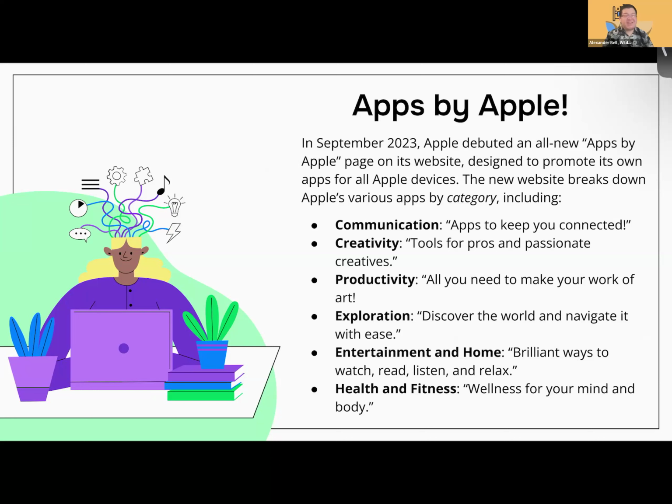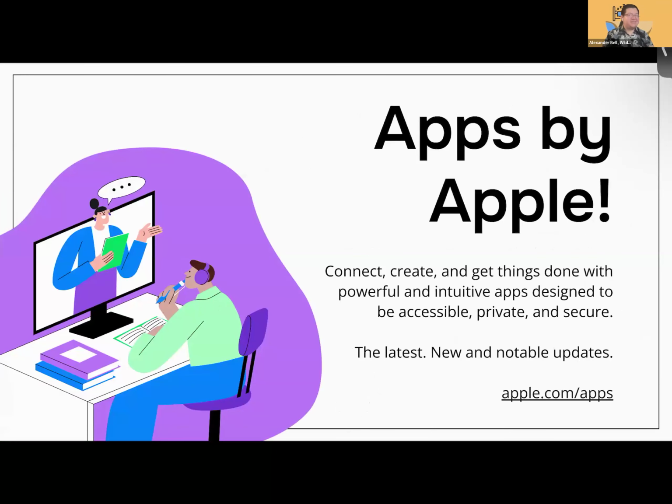So many different categories of apps from Apple. So there is a lot that they offer, and a lot for us to utilize. You can connect, create, and get things done with powerful and intuitive apps designed to be accessible, private, and secure. The latest new and notable updates.